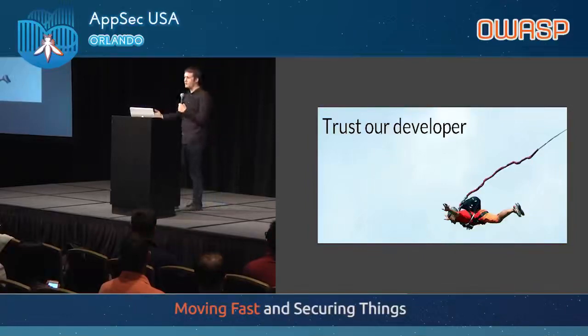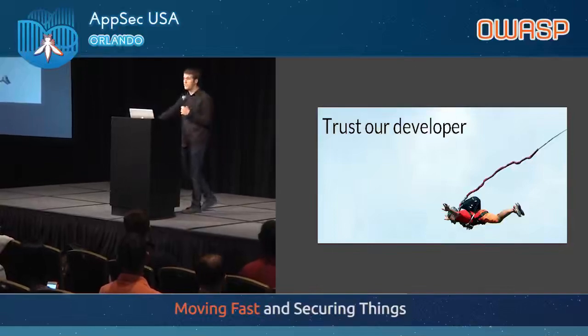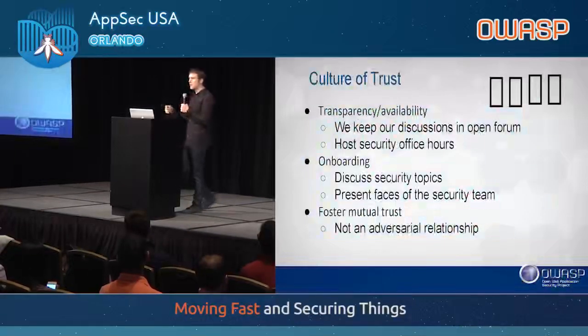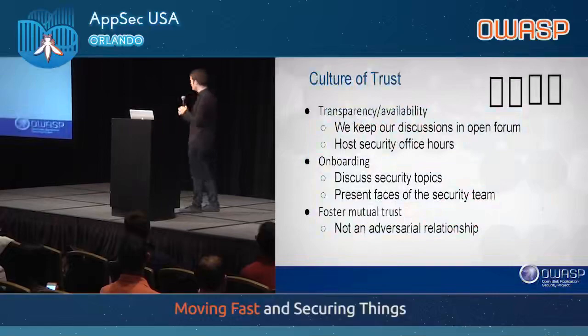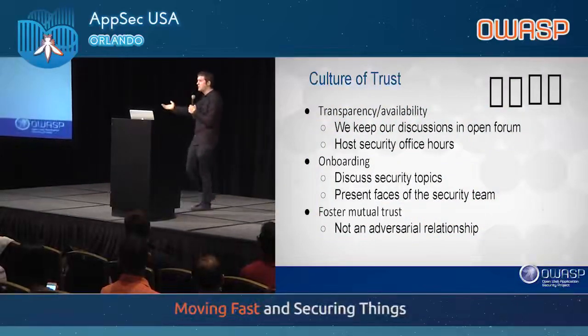We have mutual trust between our organizations. Security is the responsibility of everyone at a company, at an organization. And we're here to help people do it correctly. So one of our biggest goals is to make the development teams security self-sufficient so that we can focus on harder problems. So with this culture of trust that we have, we're trying to have transparency and availability.